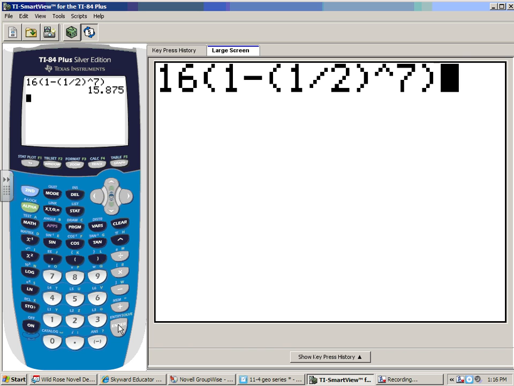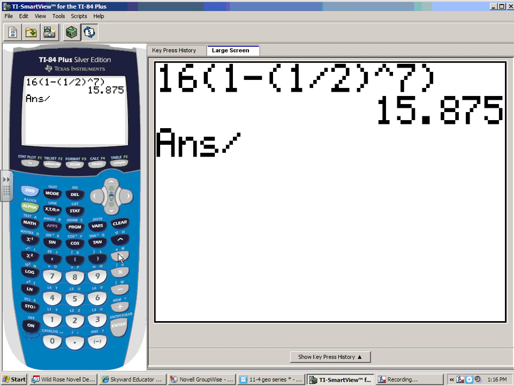So just hit enter. And here's the nice thing. You can write that down if you want, in case you want to check this later. But the really nice thing is, if you hit any of these buttons here, the divide, multiply, subtract, add, it's going to give you answer up there first. And so we really want to basically divide by 1/2, right? So you could say divide by, notice how answer comes right up, and divide by 0.5 this time if you want me to write it that way.